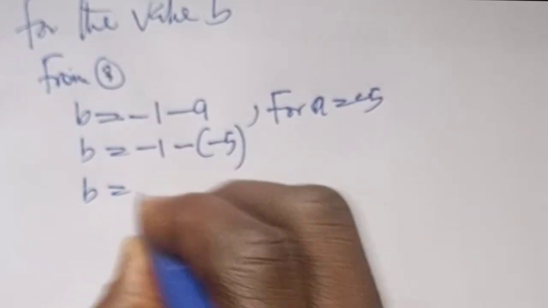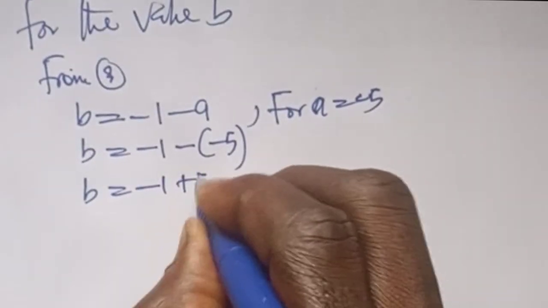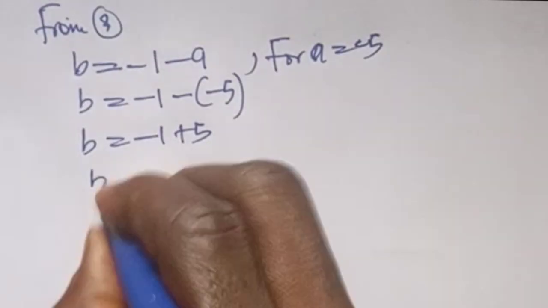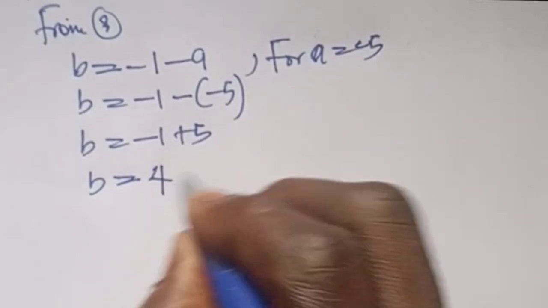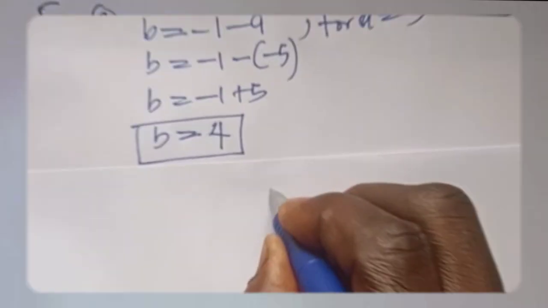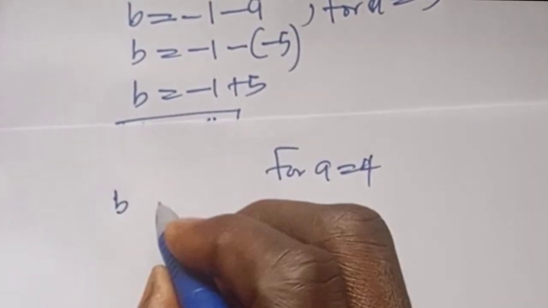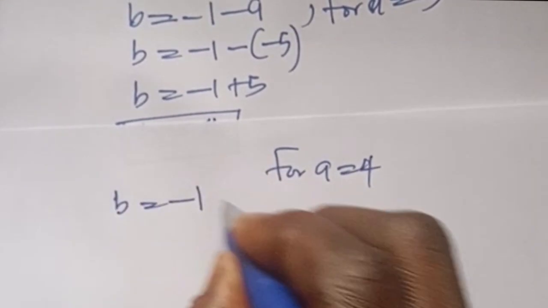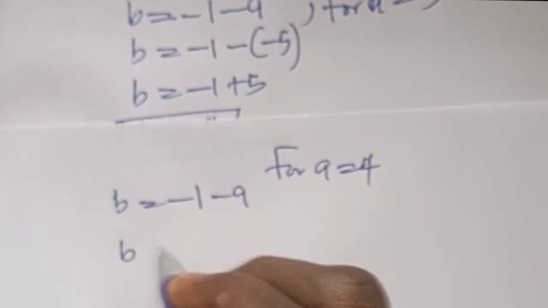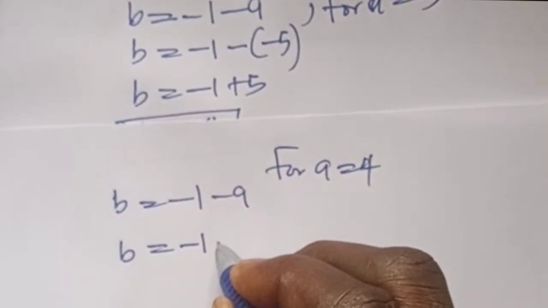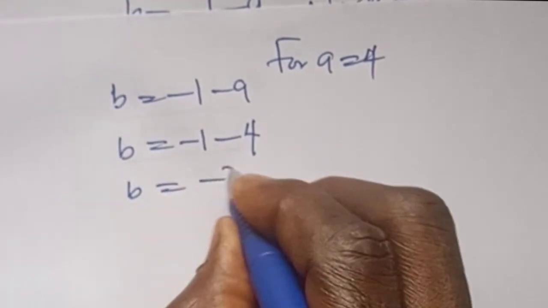So that b will be equal to minus 1 plus 5. So that b definitely is equal to 4. And for a equals 4, b is equal to minus 1 minus a, b is equal to minus 1 minus 4, so that b is equal to minus 5.